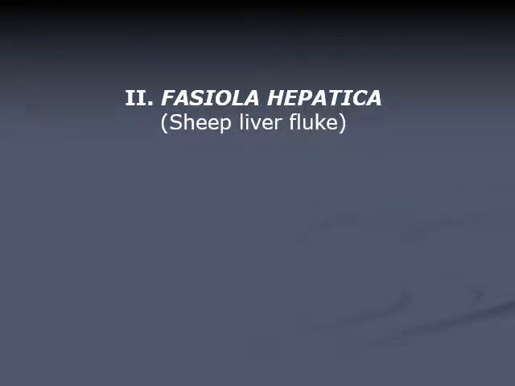Now we come to Fasciola hepatica. Fasciola hepatica is a common liver fluke infection in our country, and also it is present in many Arabic and European and American countries.